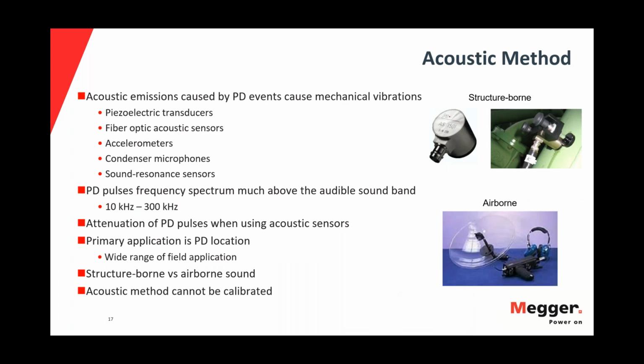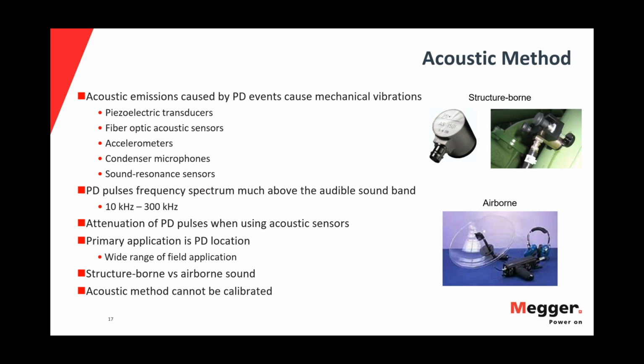Another non-conventional method is acoustic PD detection. Basically, a PD, as we mentioned, causes various radiations. One of the radiations it causes is vibration through the surrounding area, and that propagates and travels on to the outside surfaces of the object, which can be detected with acoustic sensors.